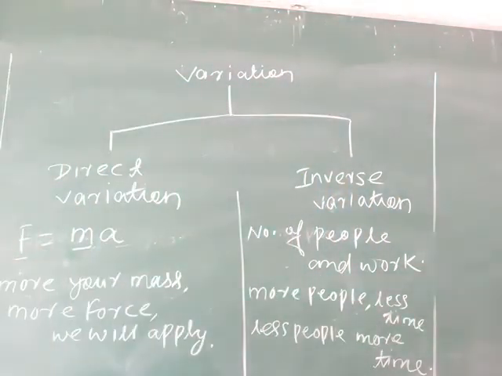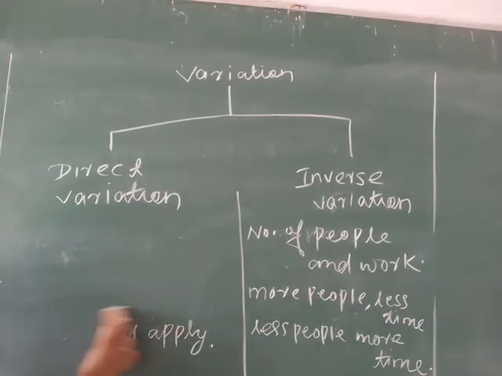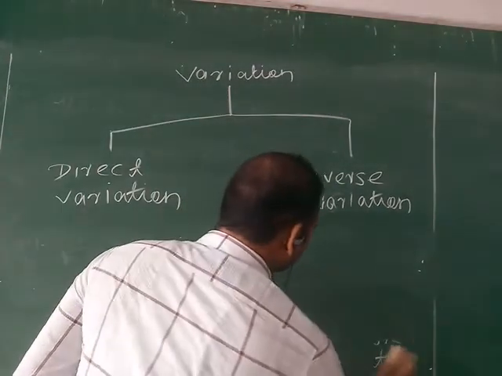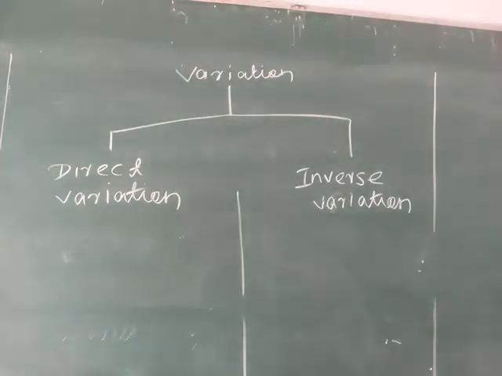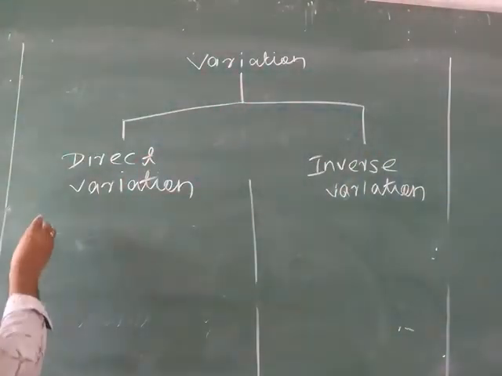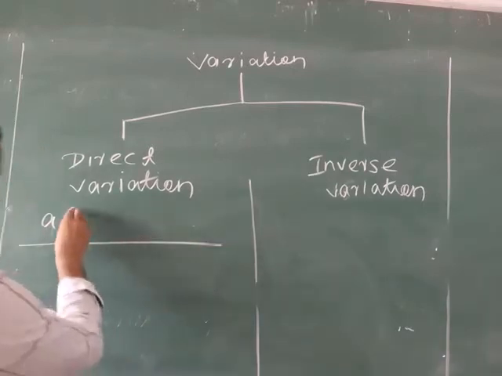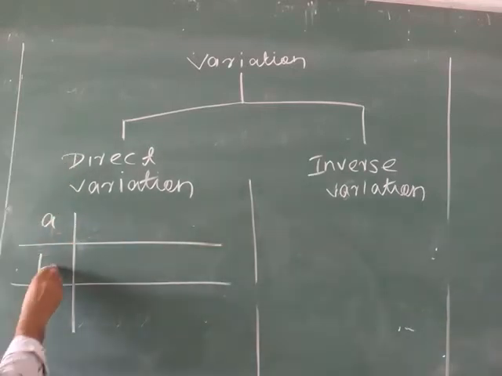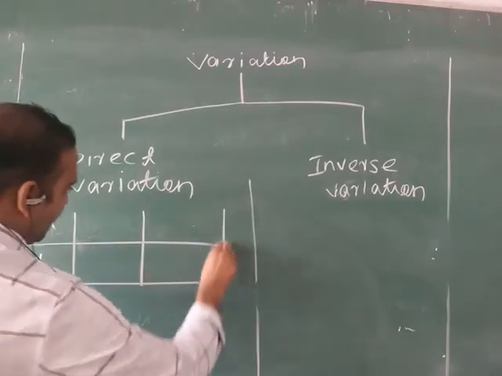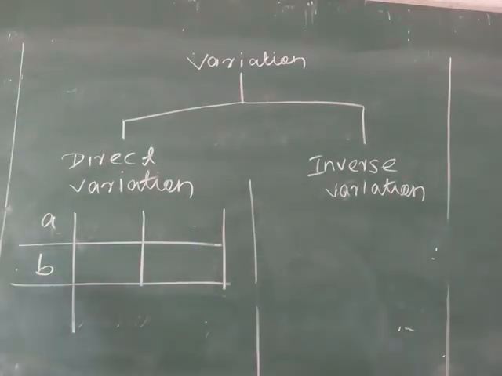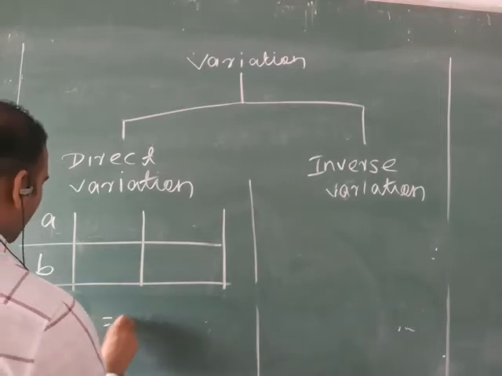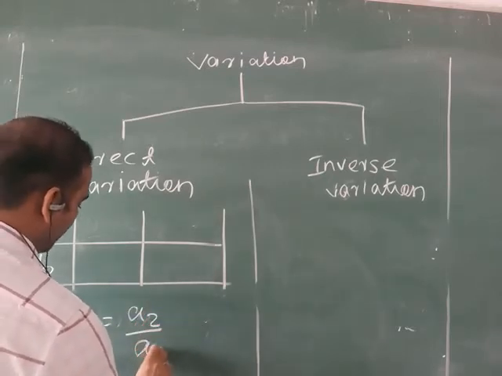Now, some problems I am going to solve of this. Two quantities A and B are varying directly if A1 by B1 is equal to A2 by B2.